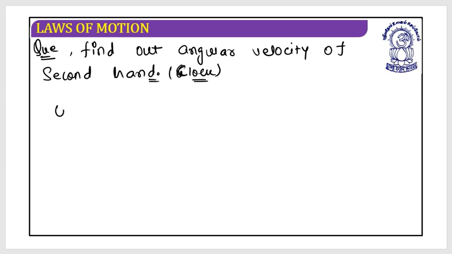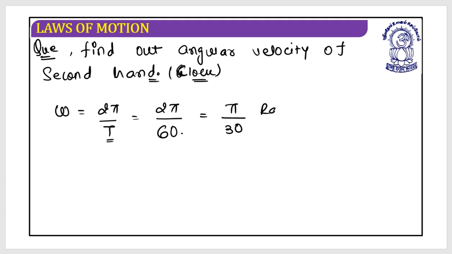So omega is equal to 2 pi by T. This is equal to 2 pi divided by the time the second hand takes to revolve on the clock in circular motion. Within 60 seconds one revolution would be completed. So this is 2 pi by 60, which is pi by 30 radian per second.